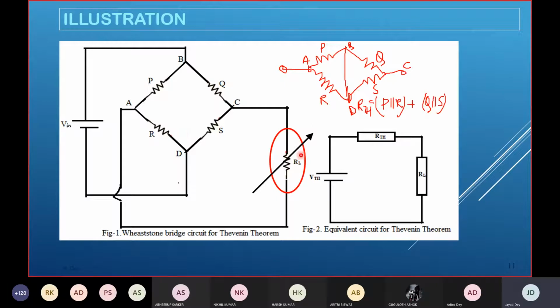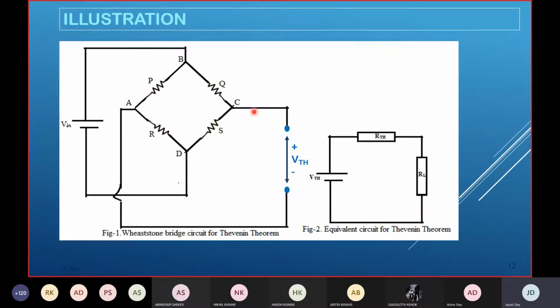So to verify the Thevenin theorem, what will we do? We have uttered a term, open circuit voltage. That means opening this, removing RL, we will find the voltage across AC, and that would be our VThevenin, right?